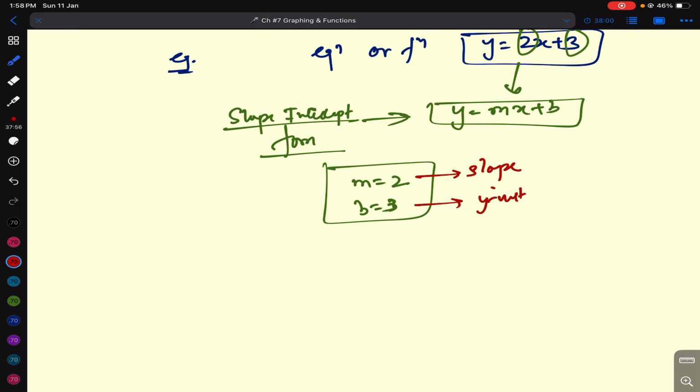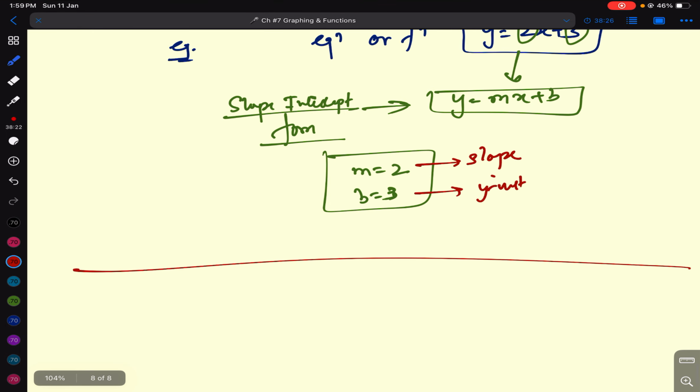So this was your lesson number 2 of chapter number 7, wherein we talked about the slope of the linear equation. Okay. Now the next lesson that we have here is graphing of linear inequalities.